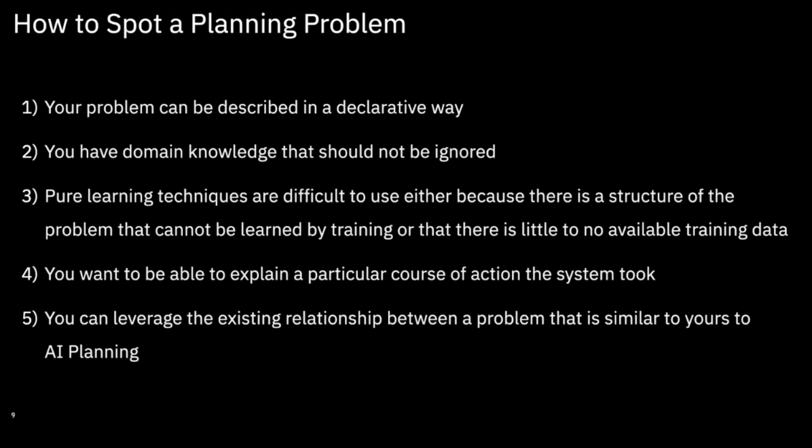Also, you can use planning if you want to be able to explain a particular course of action that the system takes, and you want to leverage the existing relationship between a problem that's similar to yours and AI planning. I'll talk more about these challenges in the modeling section of this tutorial.